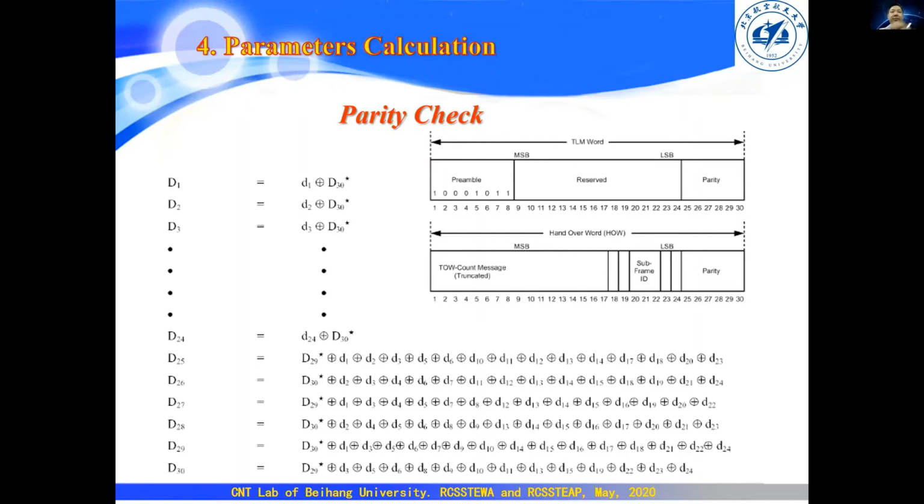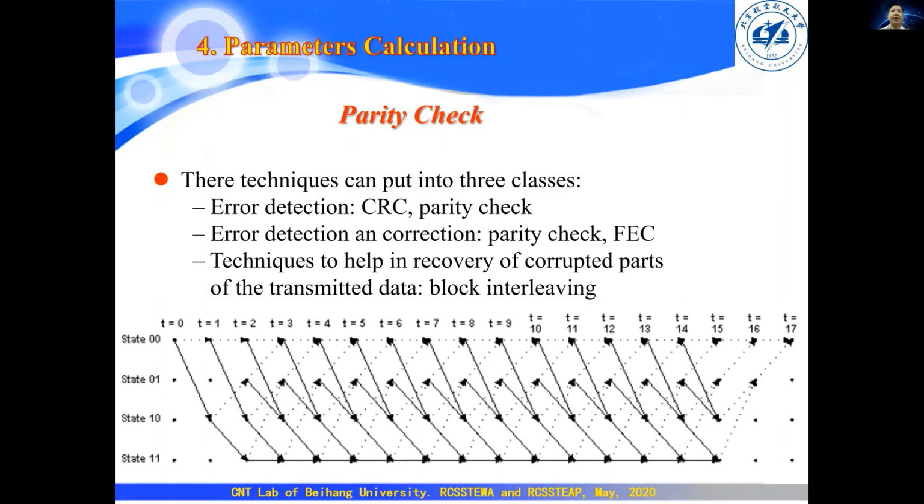Compared to GPS, nowadays technology uses forward error correction, for example LDPC, and earlier BCH, a lot of FEC technology. With forward error correction, when you receive the data, not only do you know the data is in error by parity, but you also have the capability to recover the original information.